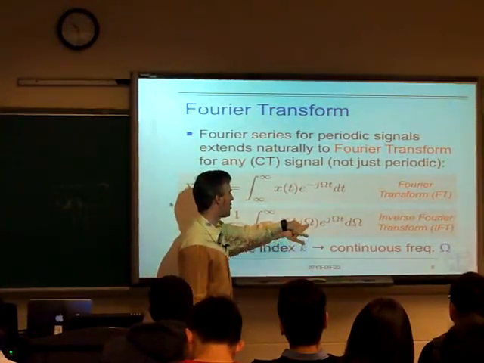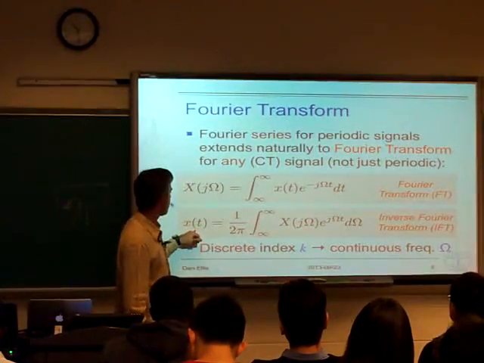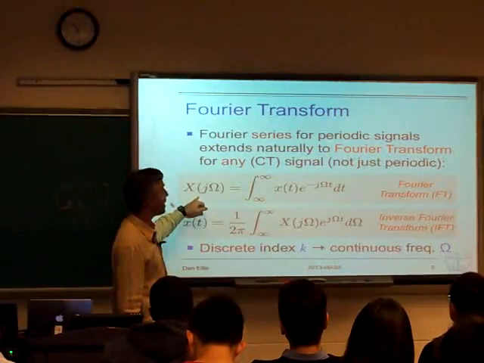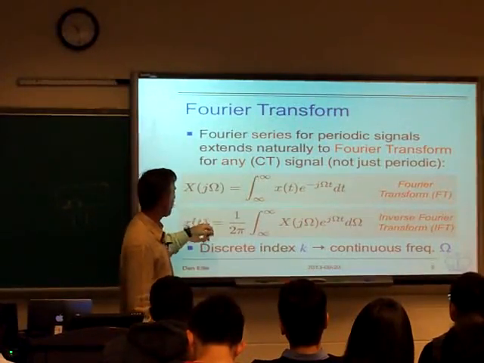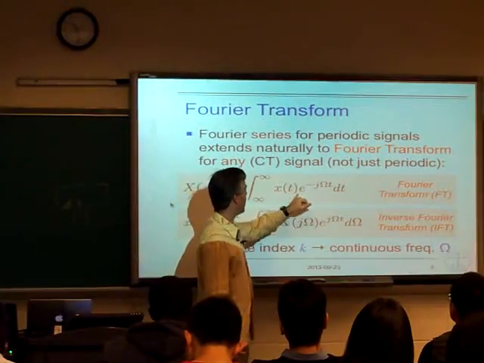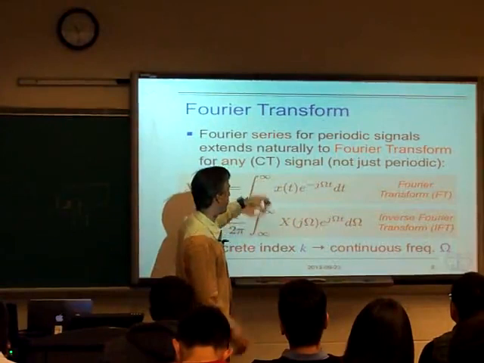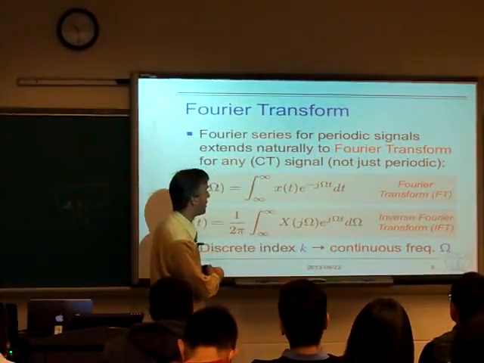But it's a function of a single omega variable. That's how we synthesize x of t. And then to find the X of j omega that gives us the right value for a particular x of t, we do the same thing of integrating x of t against the conjugate of the complex sinusoid and integrating it over the entire period, which is now the entire signal.